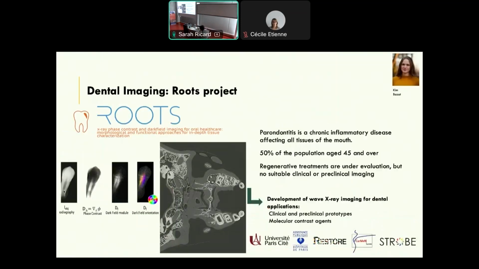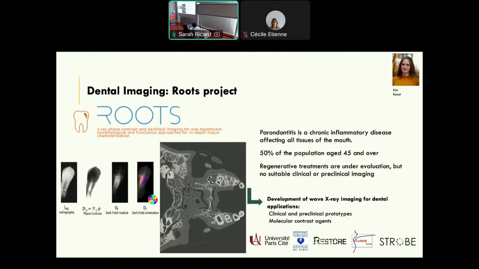And the main application for the moment that we will deal with is this dental imaging project. So we had this idea funded this year that will fund the PhD to obtain those kind of images outside of the synchrotron and to build a real clinical prototype of phase contrast imaging outside of the synchrotron.